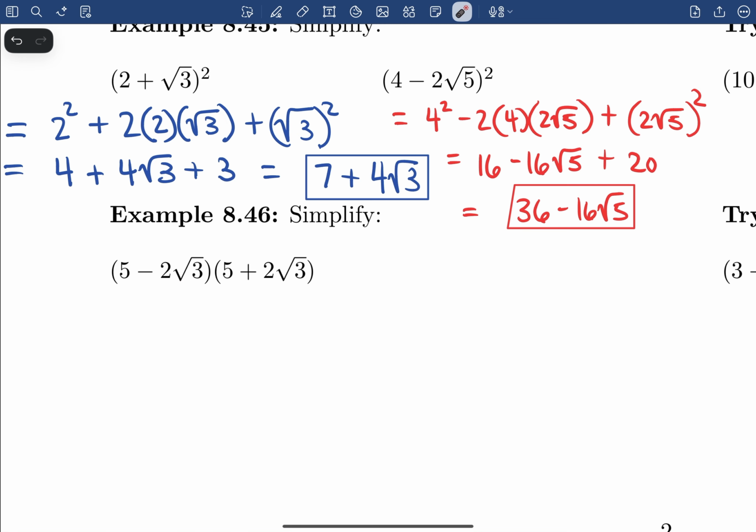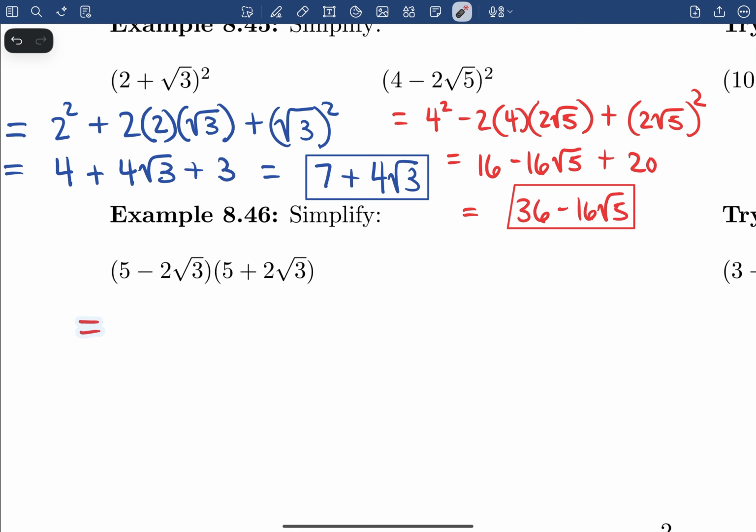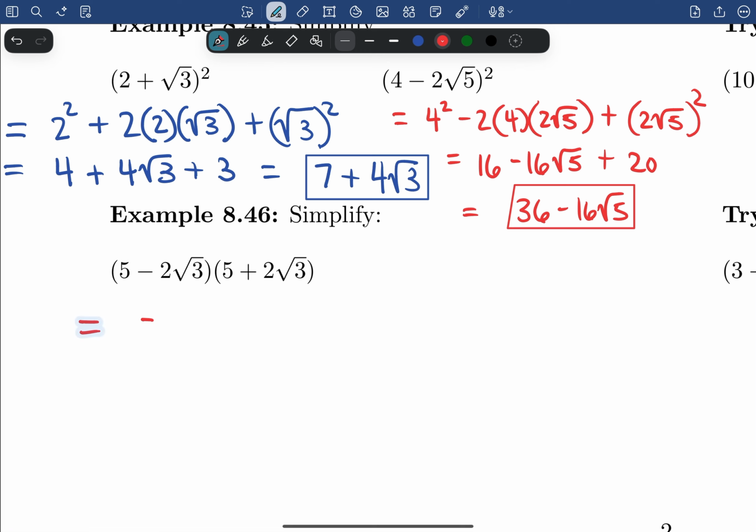And those two terms are separated by opposite signs in each binomial, a negative sign and a positive sign. These are conjugates. And so to use my pattern, I just take A and I square it. So I take 5 squared. And then I subtract B squared. B is, in this case, 2 root 3, and I square that.